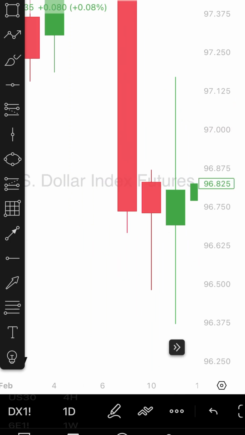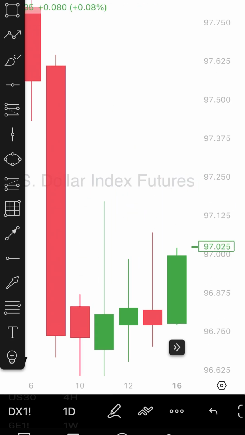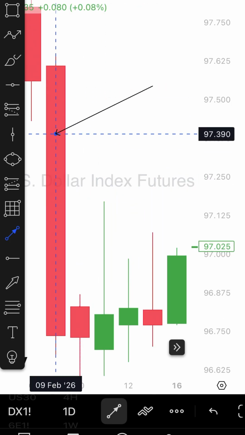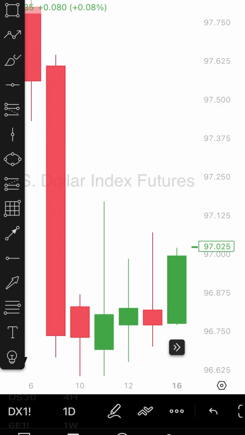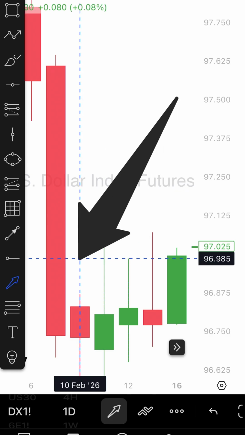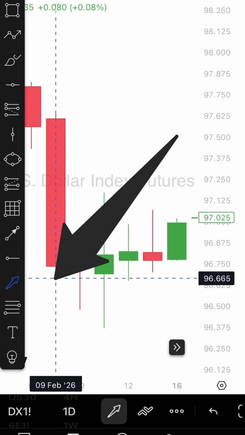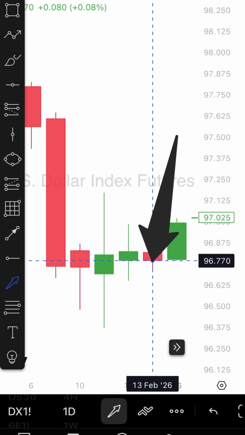Let me just delete it again. So anything that looks indecisive, because you cannot compare this particular candle here to what you're seeing here in terms of strength, in terms of volume. If this is not your first time trading, you know what volume is in candles and you know what strength is.